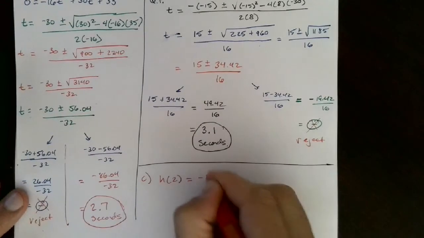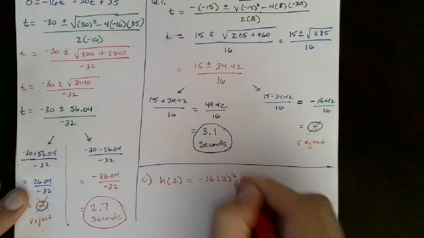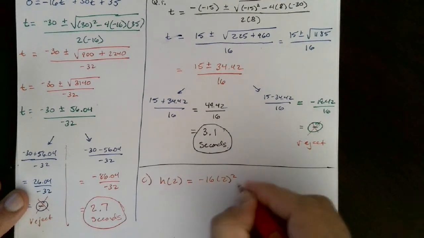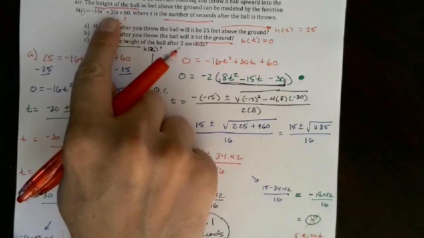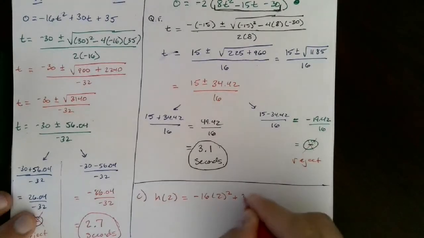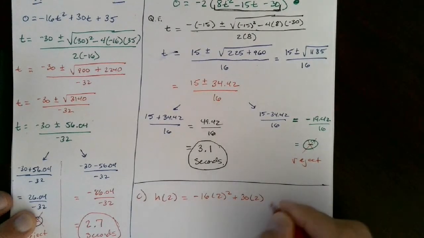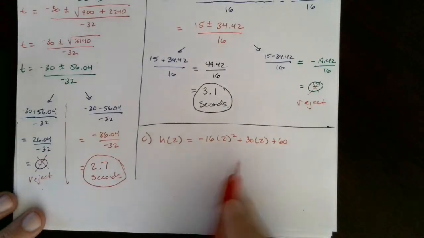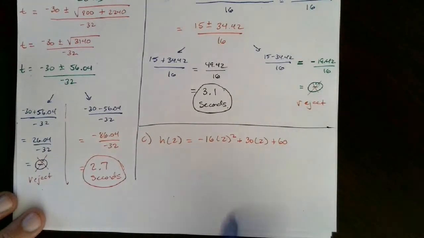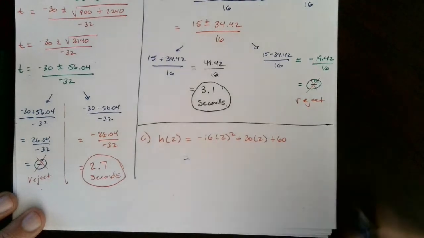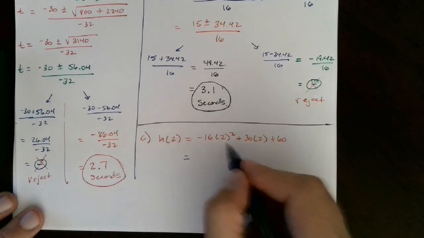So we got negative 16 times 2 squared, plus 30 times 2, and then plus 60. And we're going to evaluate this, right? This is the height at 2 seconds. You sub in a time of 2 seconds, you're going to get the height out. So remember, follow the order of operations. The 2 gets squared first.